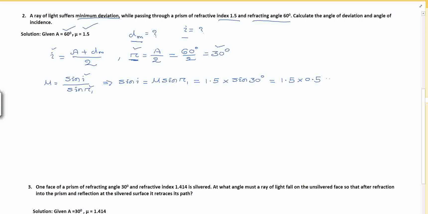So by multiplying we will get it is equal to 0.75. So this is the value of sin I. Now we will use the sine table to find the value of I. Already we have discussed how to find the value of angle by using the sine table.